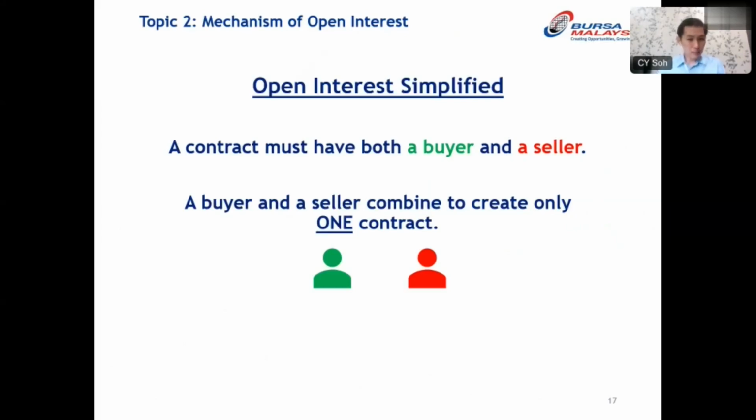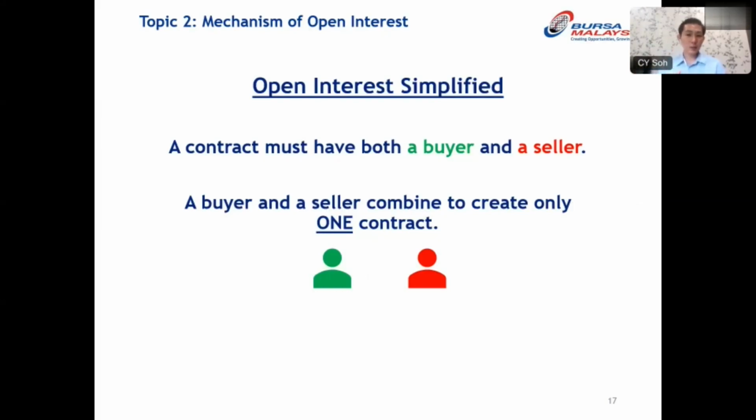So to make it simple, open interest represents how many outstanding long or short positions are in the market, but not the combination of both, okay? For example, if you have 50,000 long contracts in the market, it also means there is in total only 50,000 open interest in the market, because for every person who longs the market, the other party is actually shorting the market.